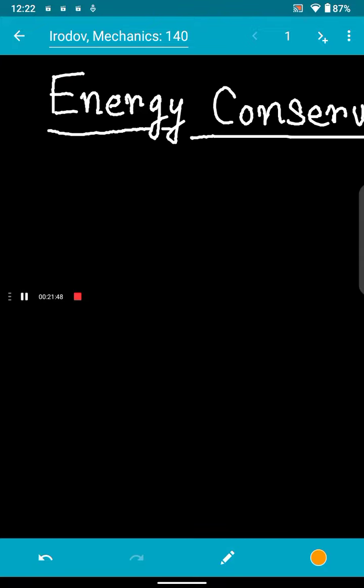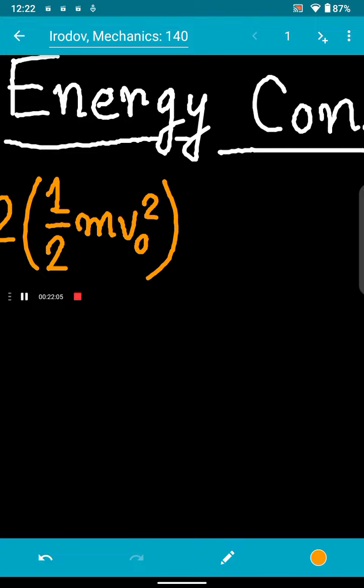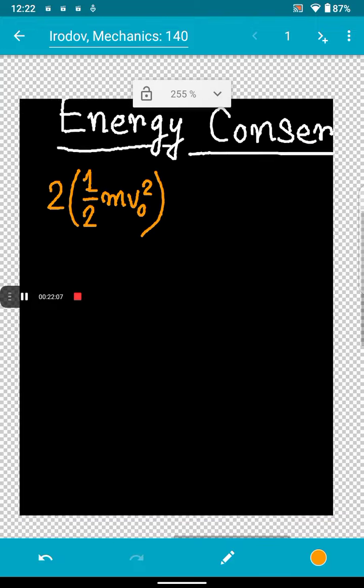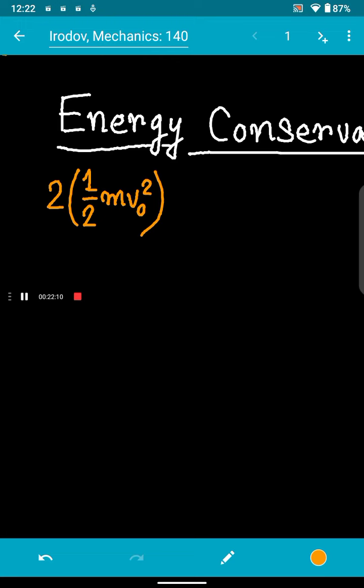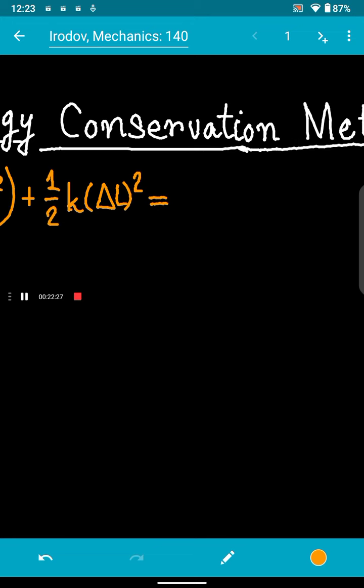So I may write 2 into half mv0 square, that is the kinetic energy, plus the spring has a potential energy which will be half into k delta L squared, and that will be equal to what?